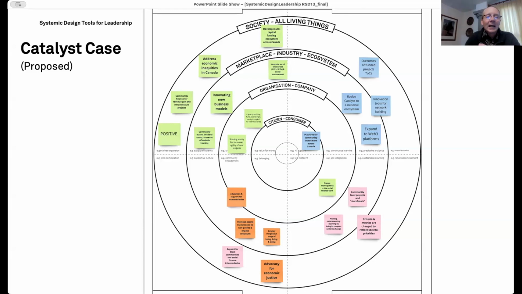Thank you. Yes, if you keep it up, I don't know if we need to zoom in, but if we can look at it from the center, the citizen or the consumer, if you will.